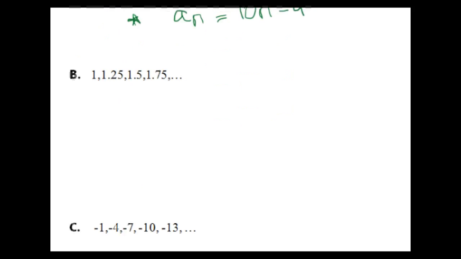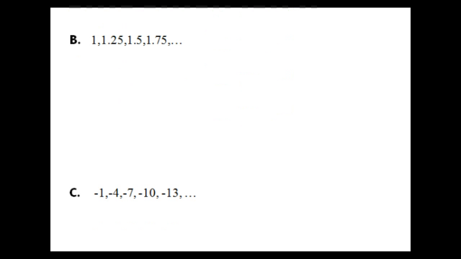We won't always have perfect integers when looking at the relationships between numbers. In this case, we do have some fractions. If you look, the first thing you should do is find that common difference. I can see that I am adding 0.25, or a quarter, to every one of these values. So my common difference d is 1/4. I'm going to apply the rule.